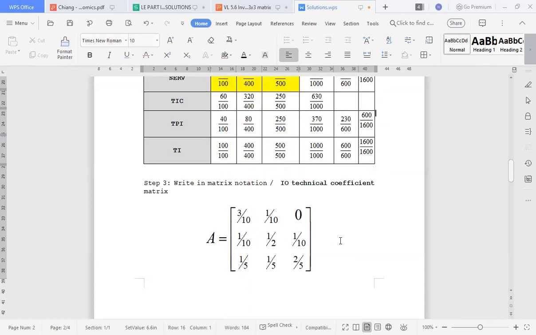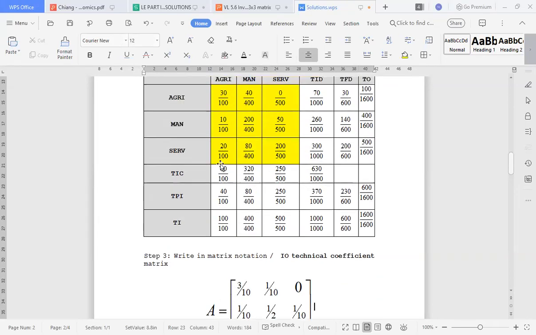Now, in your problem set, class, if you have noticed, what I only gave you is this one here, and also the vector of total final demand. I want you to understand where this is coming from. In the problem set, we take this one as a given, but this matrix is coming from this one.